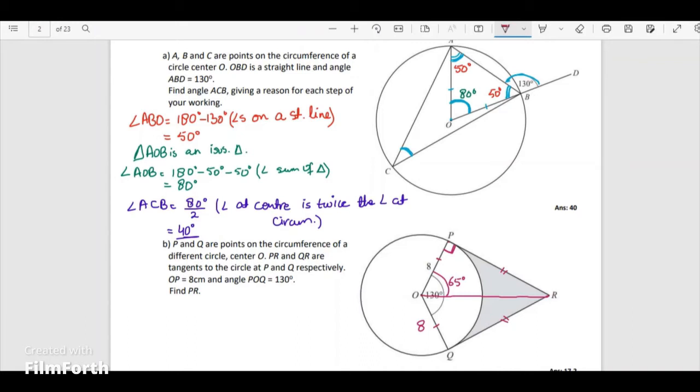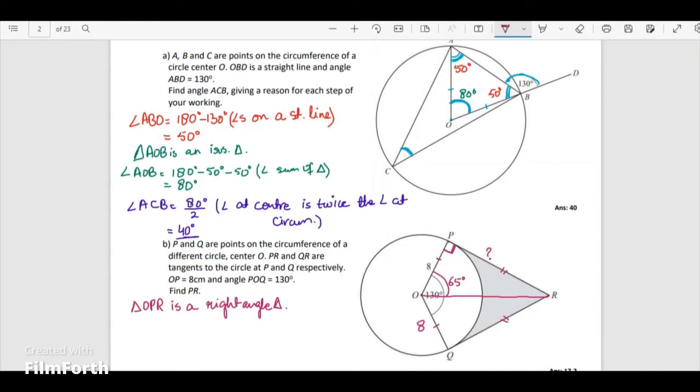So we had to figure out length PR, this length. This is a right angle triangle that I'm looking at. So triangle OPR is a right angle triangle.